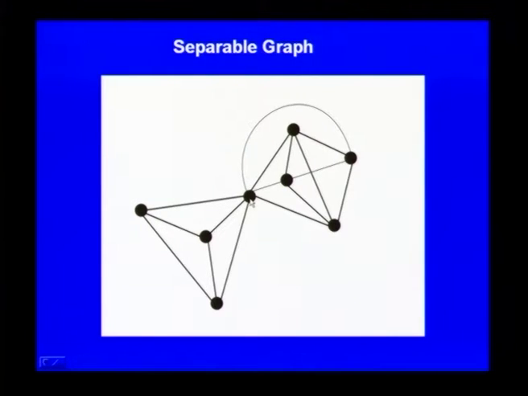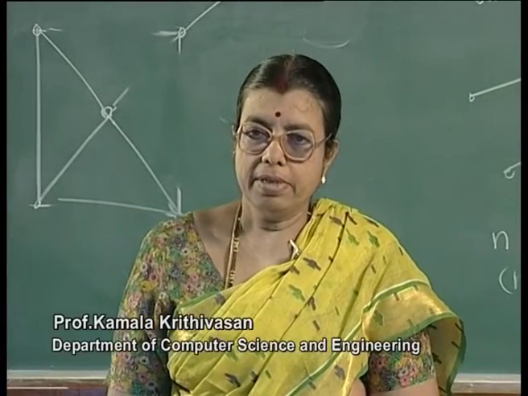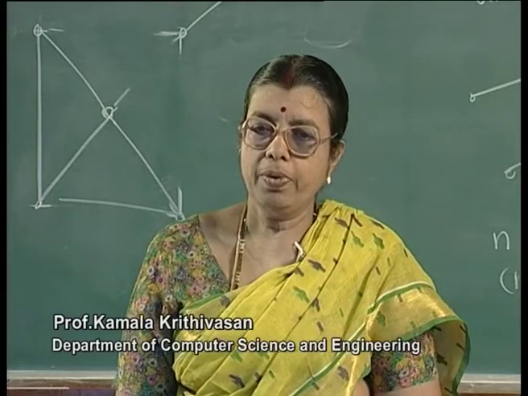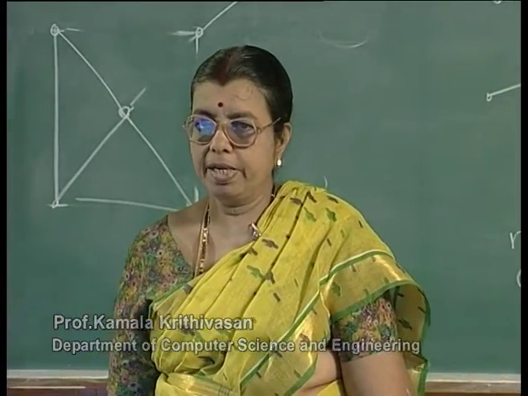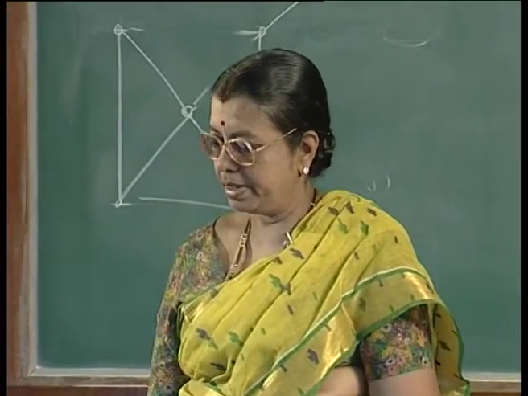So, by removing one vertex, you are able to get two disconnected components, and that is called vertex connectivity. Sometimes by removing one vertex, you may not be able to get disconnected components. You may have to have several vertices removed to get disconnected components.